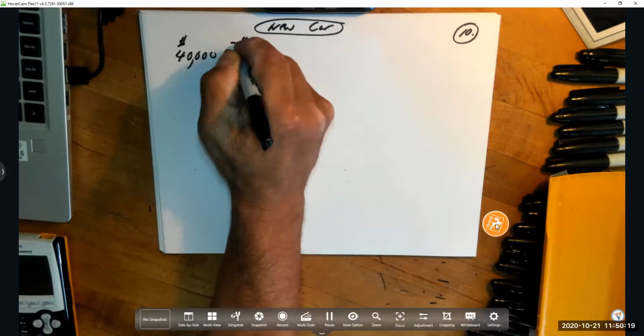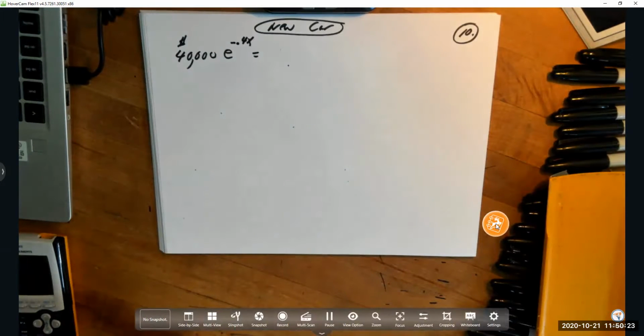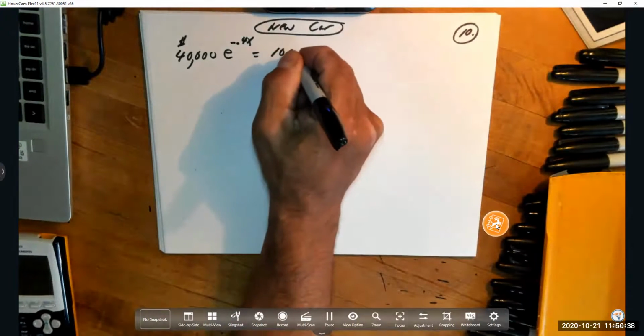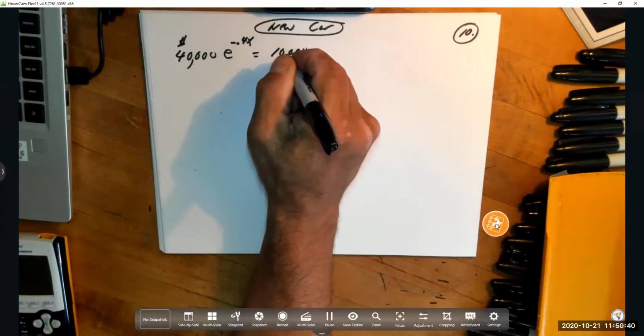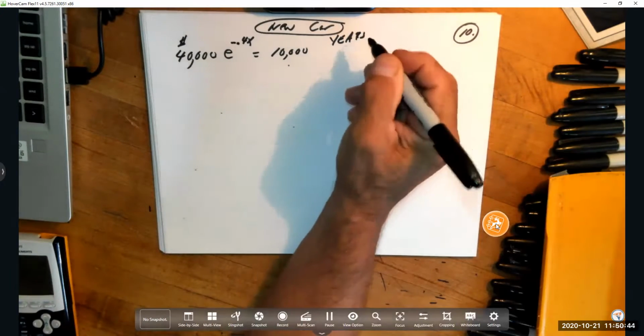So every year or every month, your car is going to start dropping in price, lower and lower. Does that make sense? Eventually, that $40,000 car you have is only going to be worth $10,000. So the question is, how many years does it take before that happens?